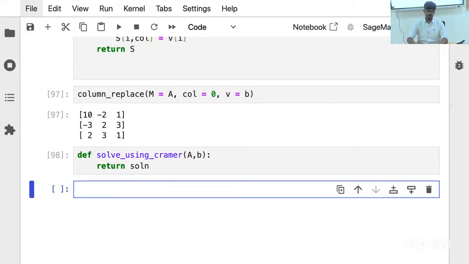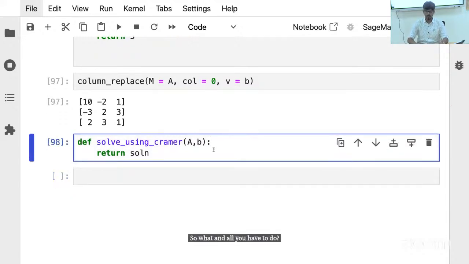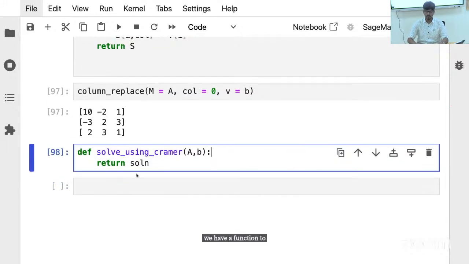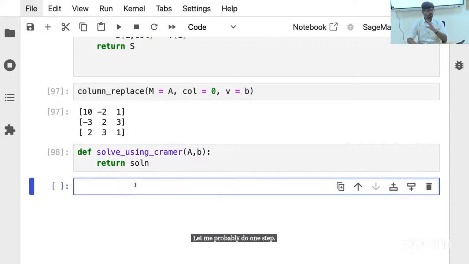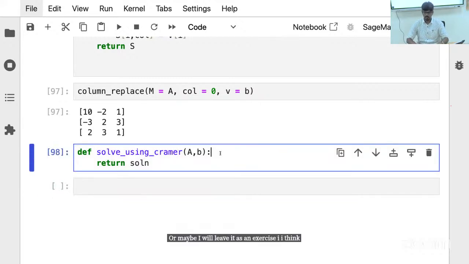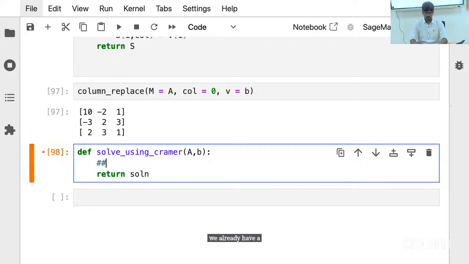So what all do you have to do? We have a function to replace the columns right now. Let me probably do one step outside, then later we'll put the remaining steps inside the function. Or maybe I will leave it as an exercise. I think we already have an idea how to do it. So I'll leave this as an exercise, but at least I'll do one step right now.